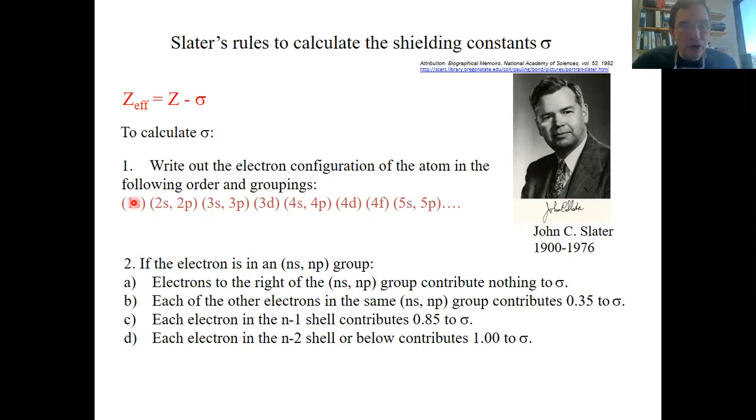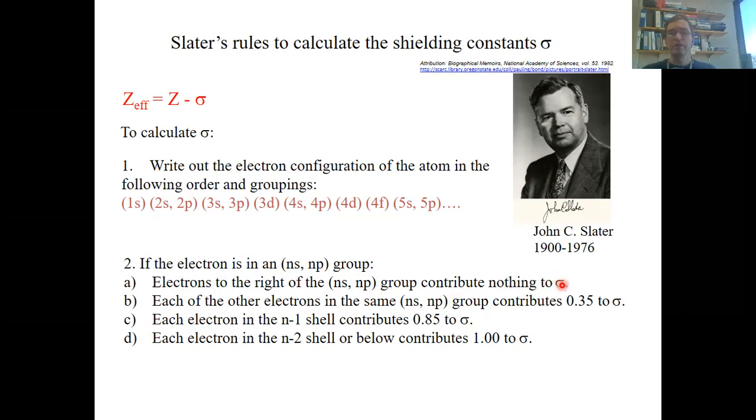So let us first consider electrons that are either in an s or in a p orbital, and we want to calculate the shielding constant for that particular electron. Then we say that any electrons to the right of that group contribute nothing to the shielding constant.